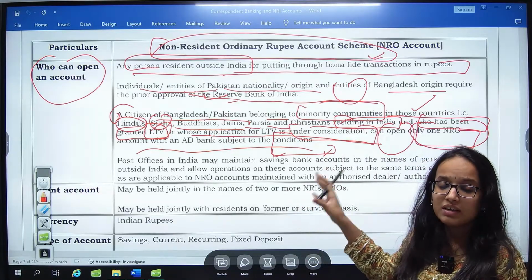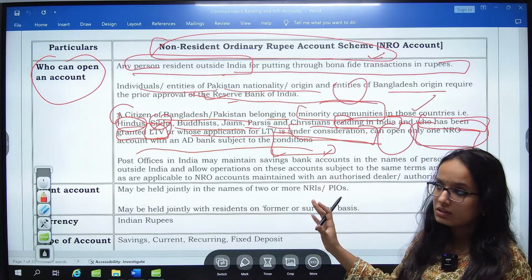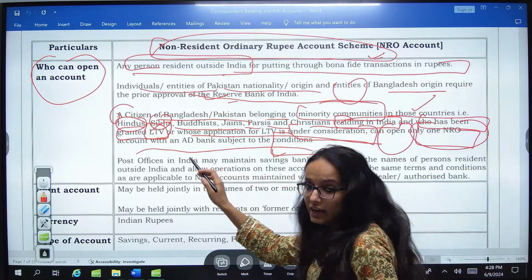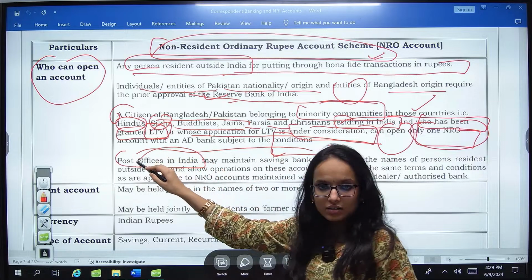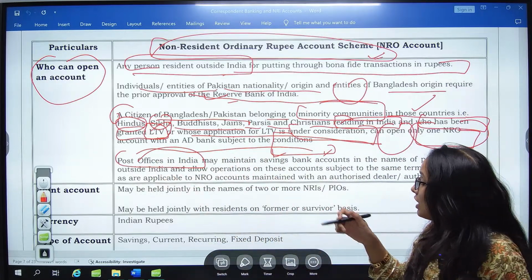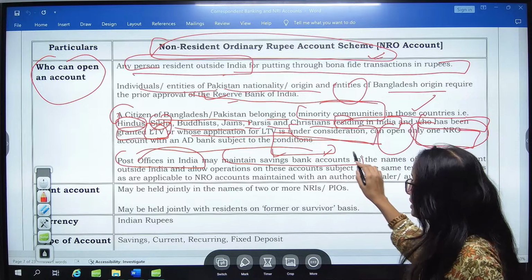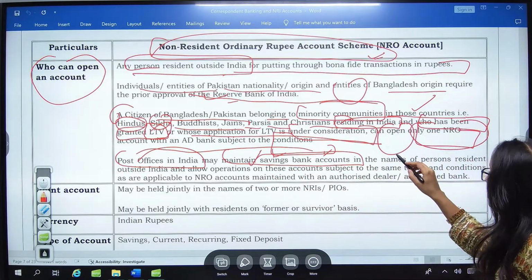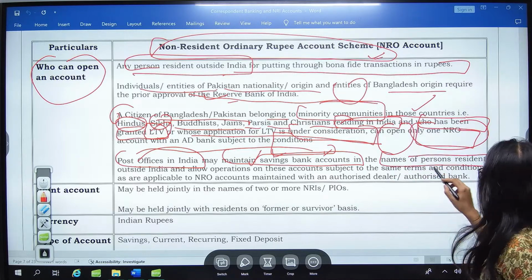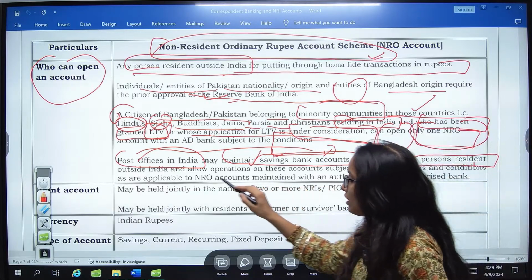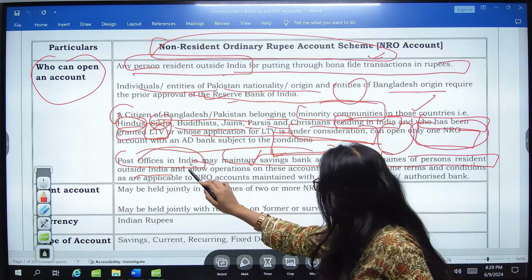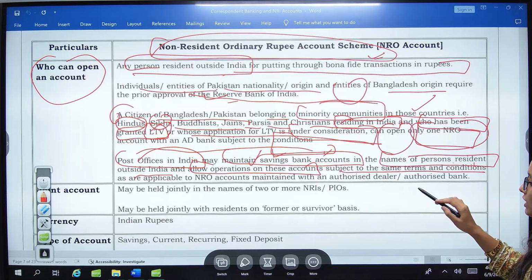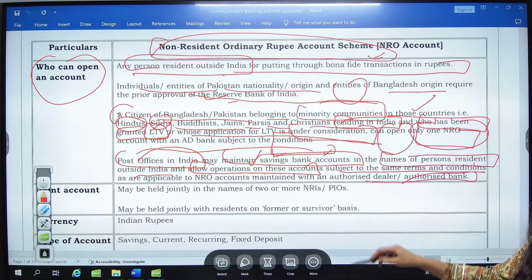One more thing. This is mentioned in very much detail for NRO. These things were not there in the NRE and FCNRB as we have discussed, right? So it also says that the post offices in India can also maintain savings bank accounts in the name of persons resident outside India, such entities, and allow operations on these accounts subject to the same terms and conditions as are applicable to NRO accounts maintained with an authorized dealer or authorized bank.